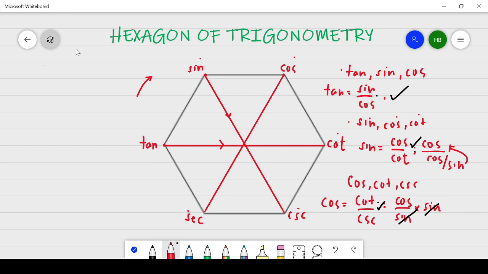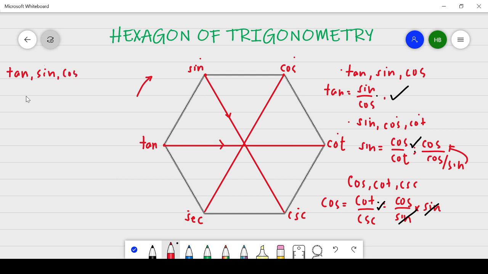So again, pick naman tayo uli ng 3 consecutive functions uli. But this time, we're going to multiply the first and the third function out of our 3 picks, and ang result nun is your second function. How about that? We're going to try that. So again, in a clockwise approach, going to start again on tangent, sine, cosine.